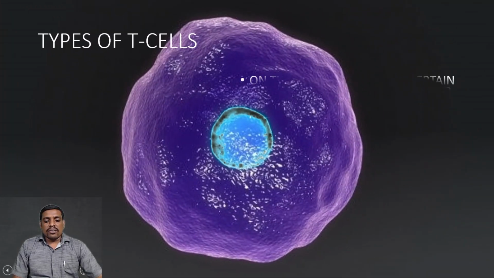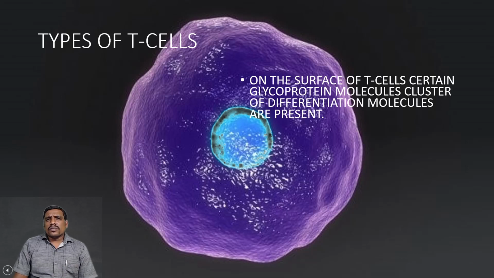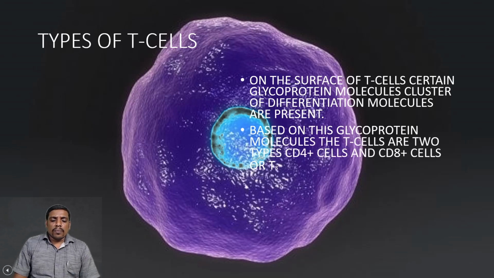Now, if you see carefully on the surface of T cells, there are certain kinds of glycoprotein molecules present. These glycoprotein molecules are a cluster, a group, and undergo a differentiation process and produce different molecules. Now, let me say one more important point.